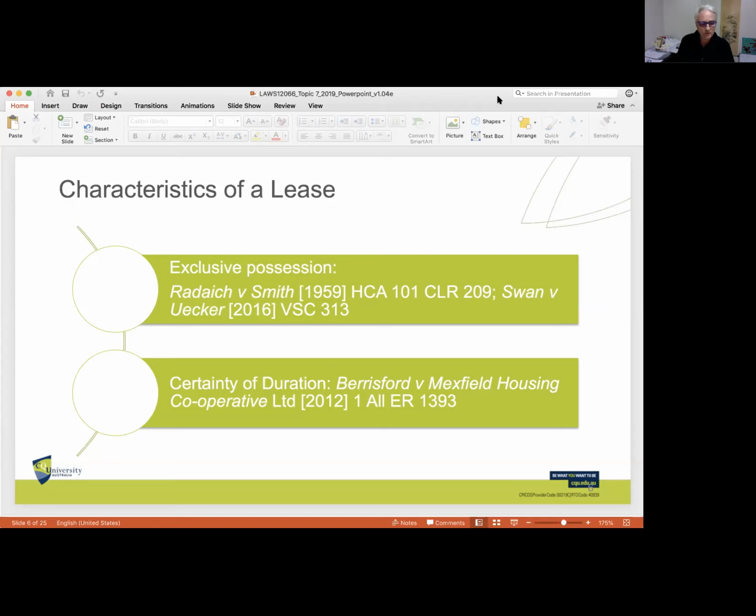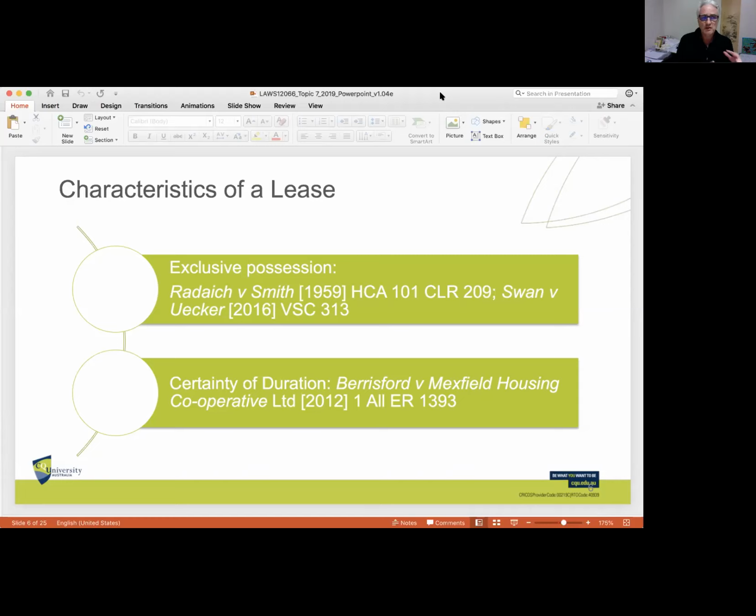So coming across then to this idea of the central characteristics in terms of thinking about whether we have a lease or not, another point is, come back to this idea of the difference between substance and form.